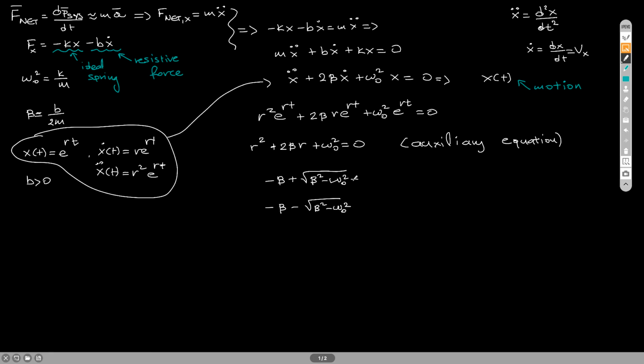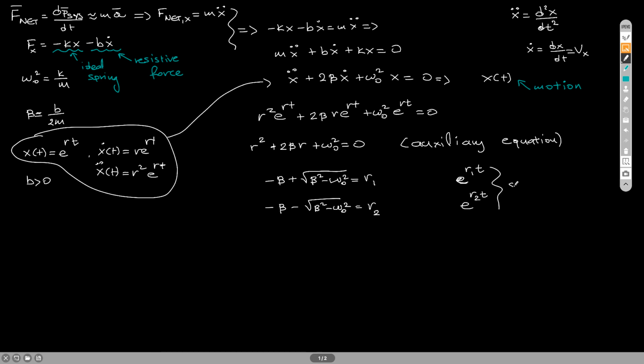Let's call this one r1 and this one r2. Since these are the two solutions that satisfy the auxiliary equation, I have actually found two solutions. Since I said e to the rt is a possible solution, then e to the r1 t will be one possible solution, and e to the r2 t will be the other one.